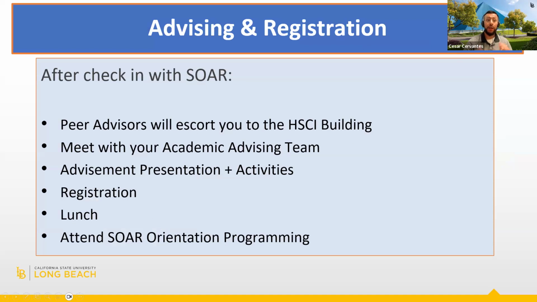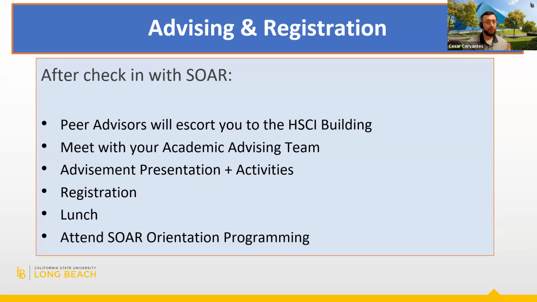All right, so then going a little bit more into detail on what exactly that registration plus advice is going to look like with us. After you check in with the SOAR team, a group of peer advisors, so students that are in CNSM majors, will escort you to the Hall of Science building, which is where the advising team is located. There you will meet with your academic advising team.